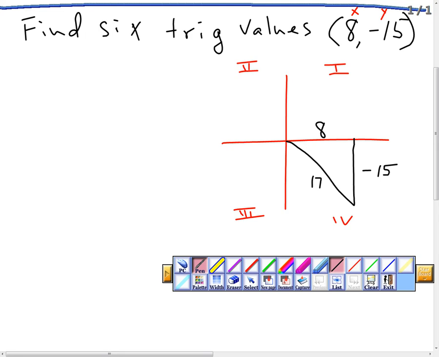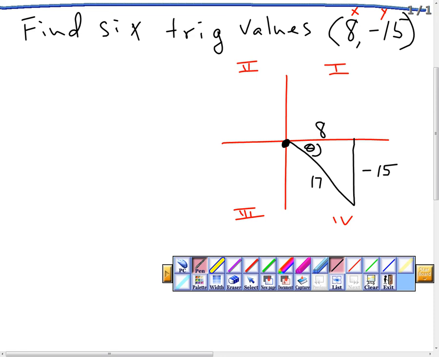Now keep in mind, you always start from the origin and work the terminal side out. So here's angle theta. Your angle theta is always the angle at the origin, where the vertex is at the origin.